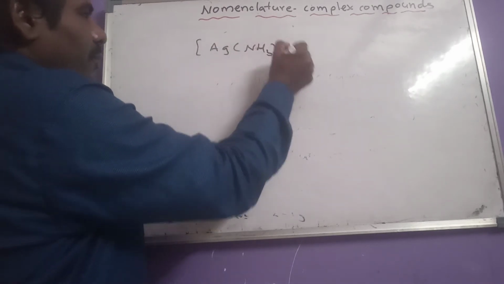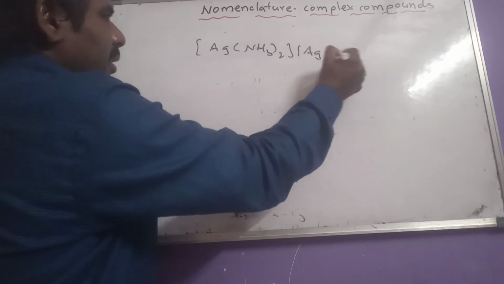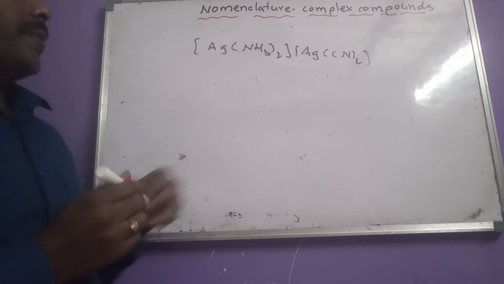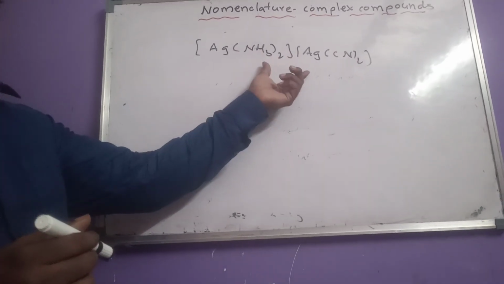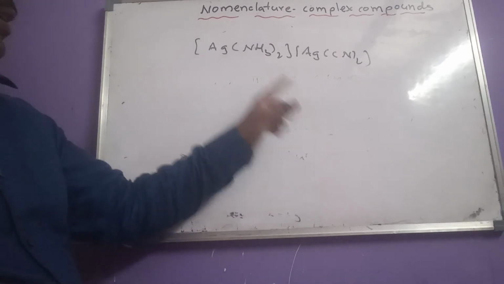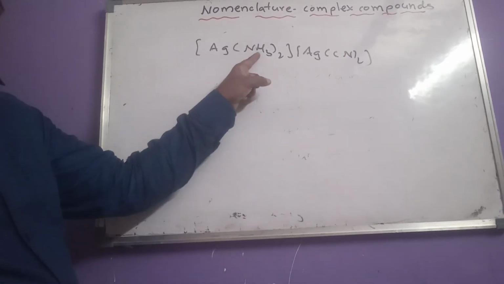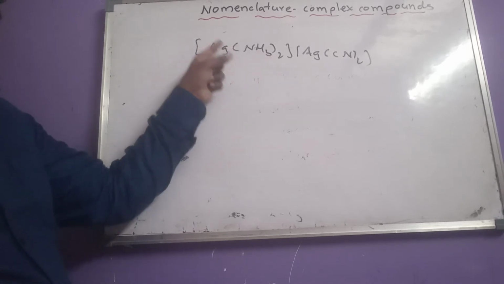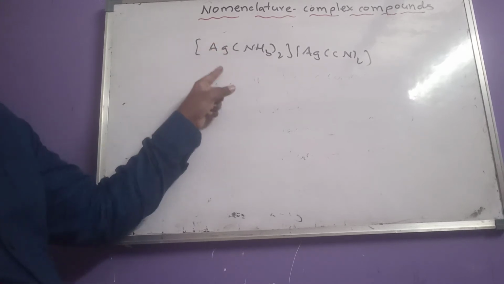[Ag(NH3)2][Ag(CN)2]: NH3 taken twice and AgCN taken twice. To name this type of complex compound, how do we go about the naming? See here, NH3 has zero oxidation state, so the oxidation state of this silver atom is zero.